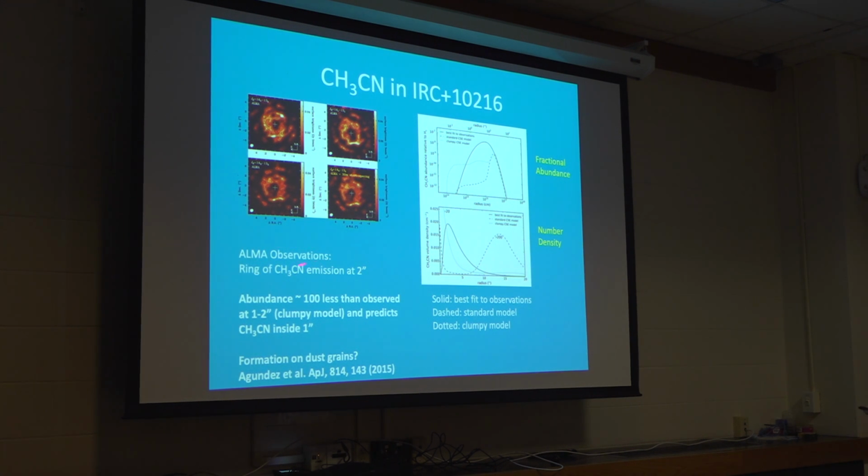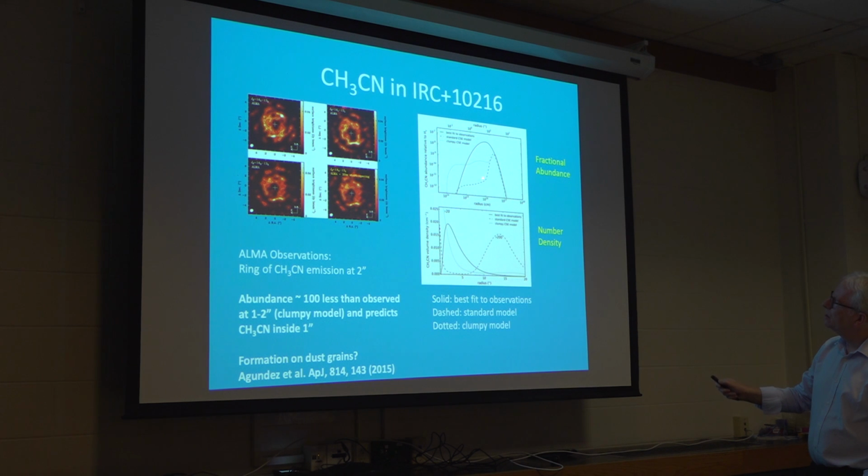When you look at their standard models and their clumpy models, the solid line again is just the standard with a 1 over r squared distribution in density and an external interstellar radiation field. And you see the peak occurs far out from the star, a few times 10 to the 16 centimeters. This is the observational fit.